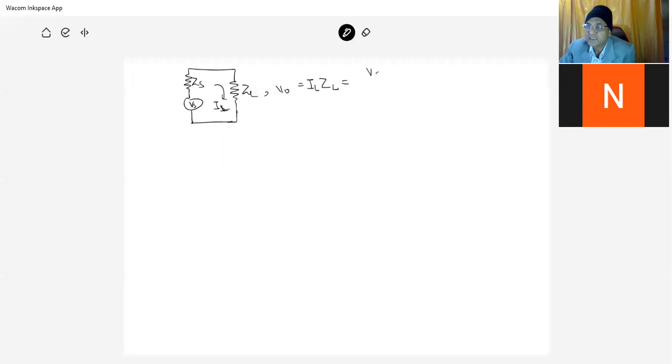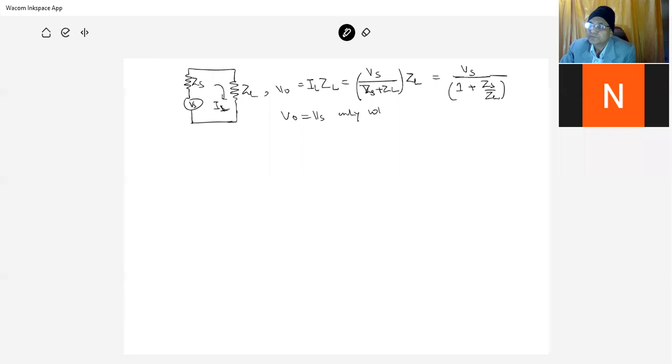IL is VS upon ZS plus ZL. This is the current, and multiply with this impedance. So it is the voltage. So V0 is equal to VS, this is 1 plus ZS by ZL.